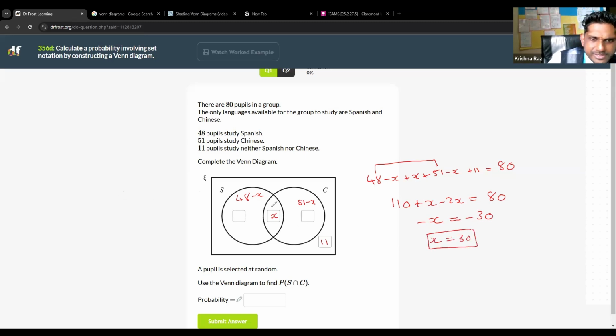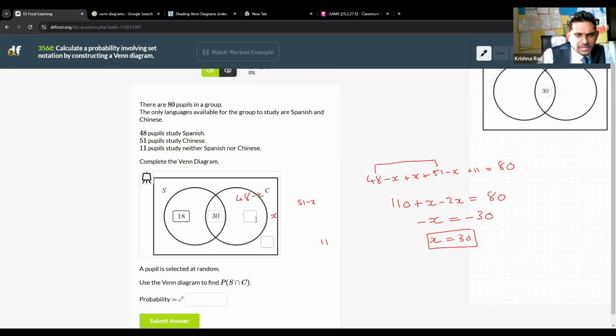There you go. If x is 30, it follows that 48 minus the x must be 18. And 51 minus x must be 21. And what do we have outside?